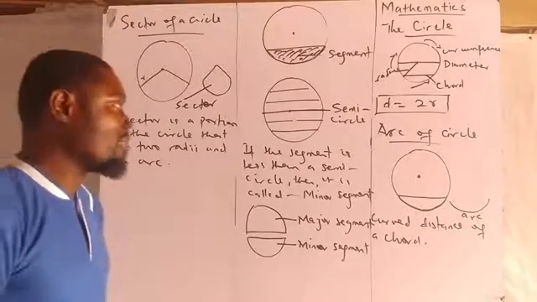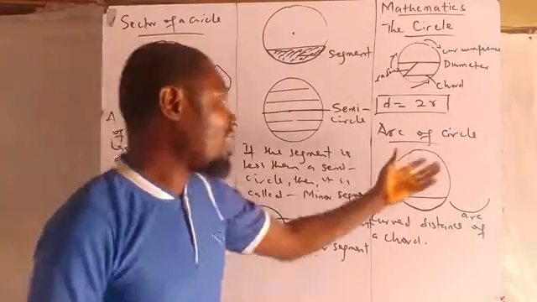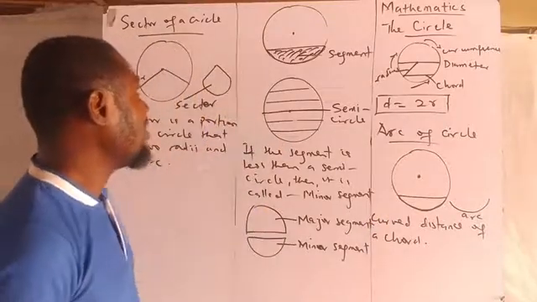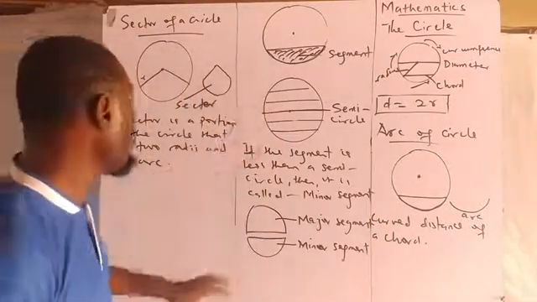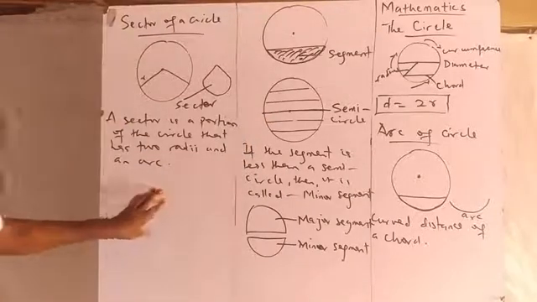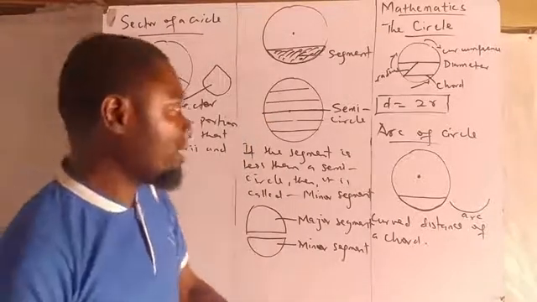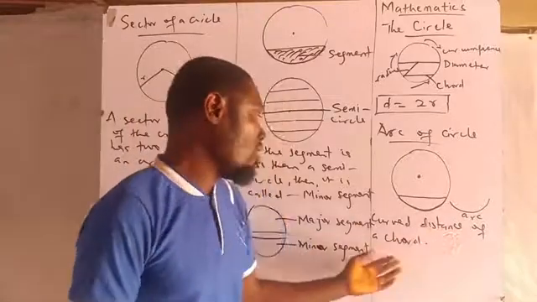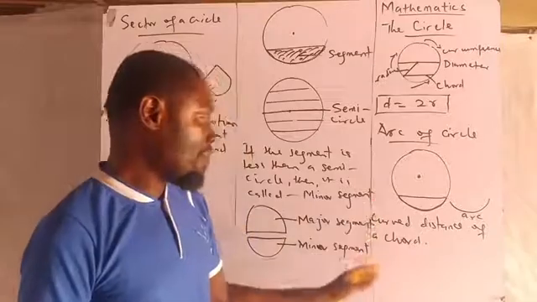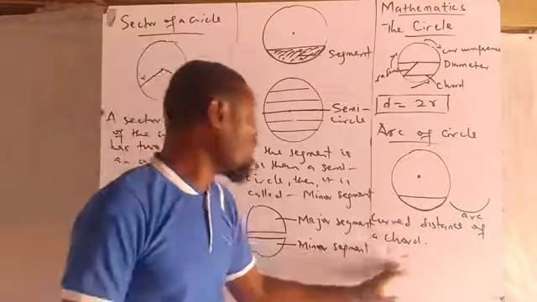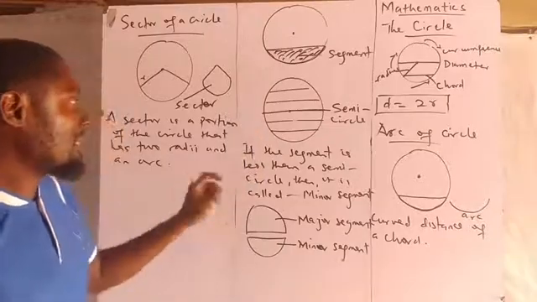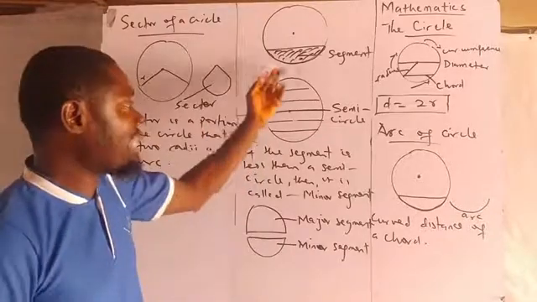So in today's class, we have considered the arc of a circle, the segment of a circle, and we have also considered the sector of a circle. I said the arc of a circle is simply the curved distance of a chord, and the segment of a circle is simply the chord and the arc.